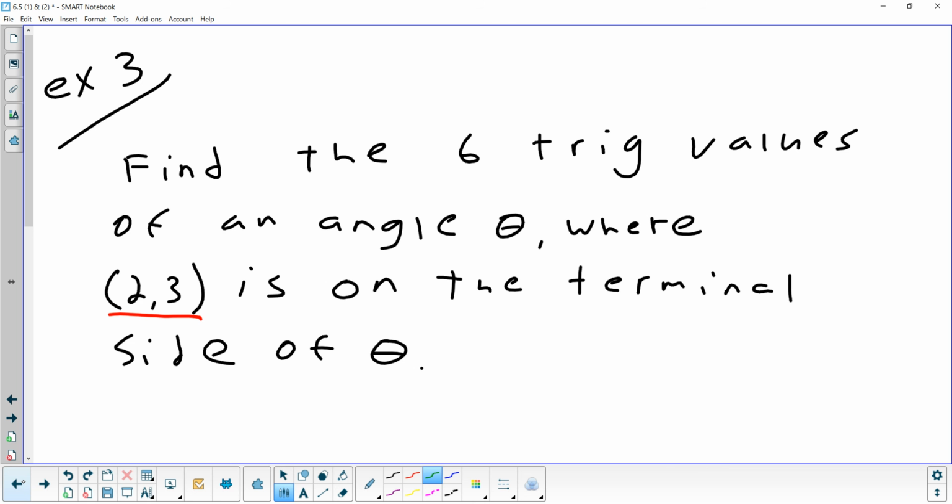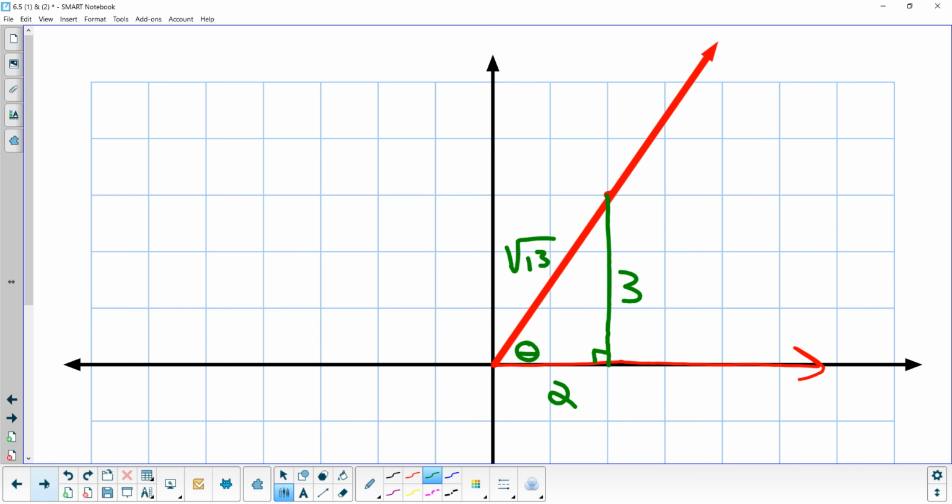Now they're asking you to find the 6 trig functions of that angle. This is what you did in the homework last night. Okay, let's start with the sine. Casey, what's the sine going to be?